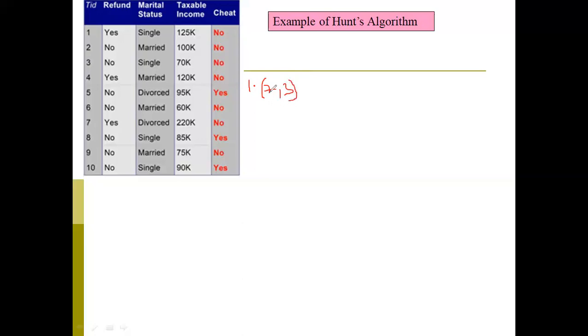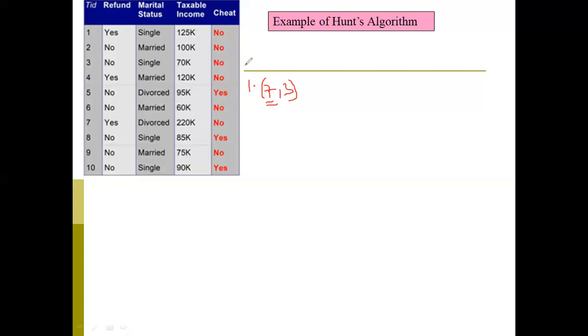7 comma 3. So the highest value is 7. 7 in the sense no's. No means that particular person is not a cheater, isn't it? So this is the default value. The table has a default class label of no. We are expecting the class label is no. So that is the first step.